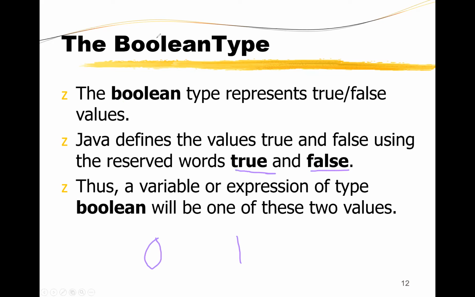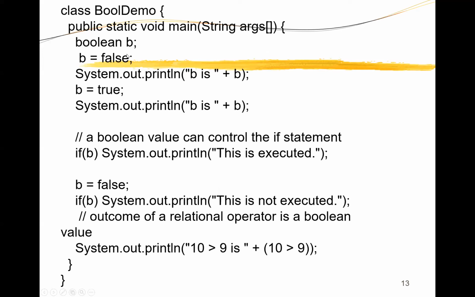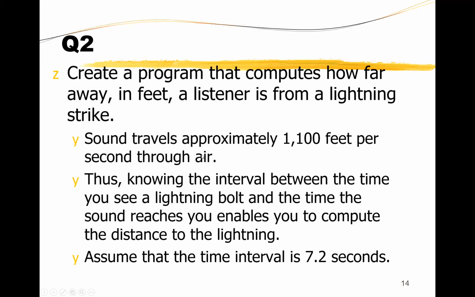Therefore, boolean variables can only hold true or false values. And then we have discussed all the primitive data types now. Now, quickly read this question and then figure out how to do this.